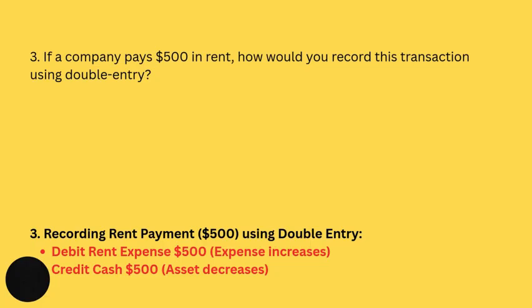We increase our expenses through the debit and we decrease our cash through the credit. This method ensures that our accounting records remain balanced, which is a fundamental principle of double entry accounting. Are there any questions about this recording process before we continue?